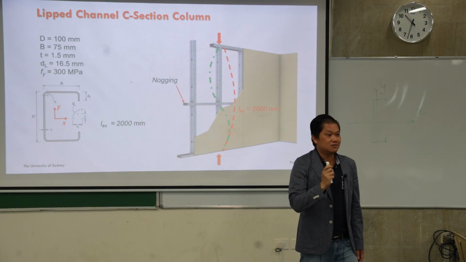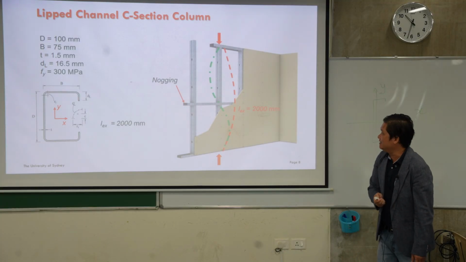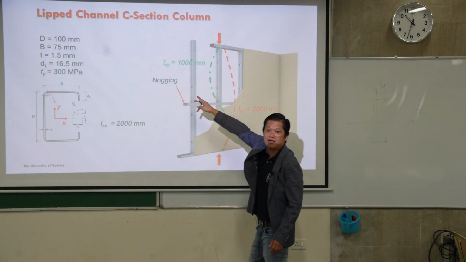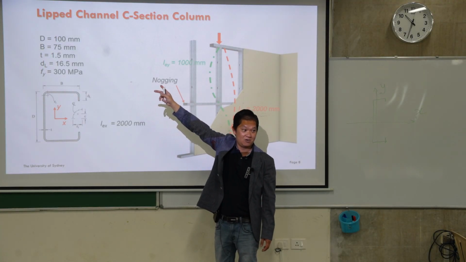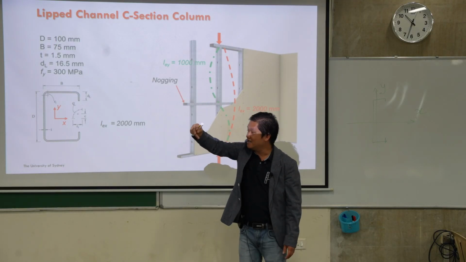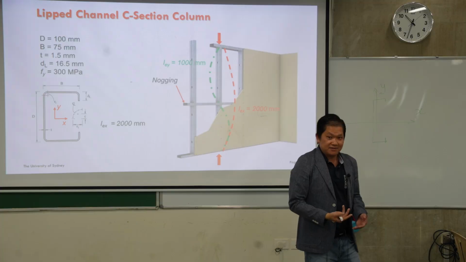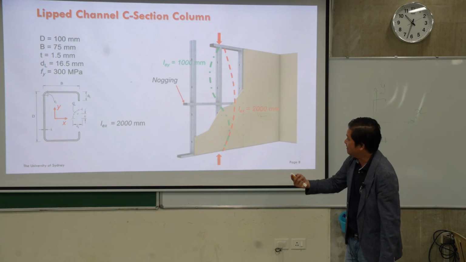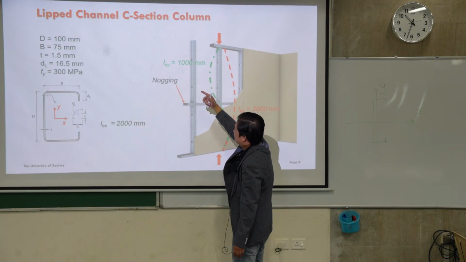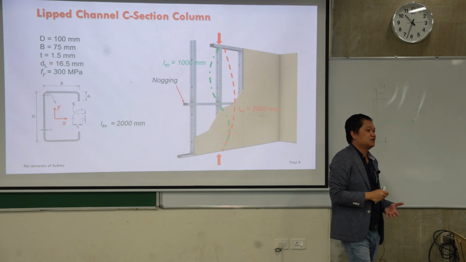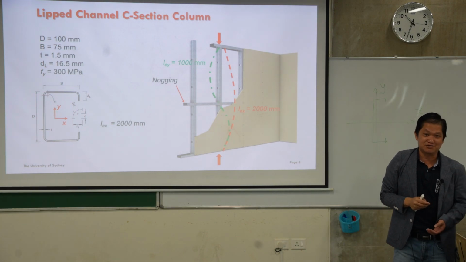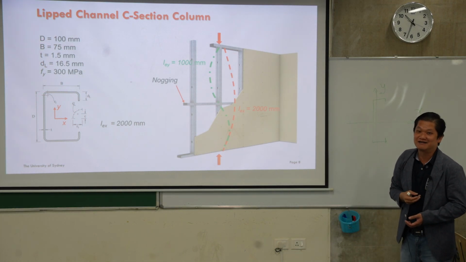So the way we put the bracing in, you reduce LEY to half. Imagine if you don't have that bracing, LEY is now 2,000. But now we put that bracing in, then you reduce LEY to half. Easy to observe and understand, isn't it?